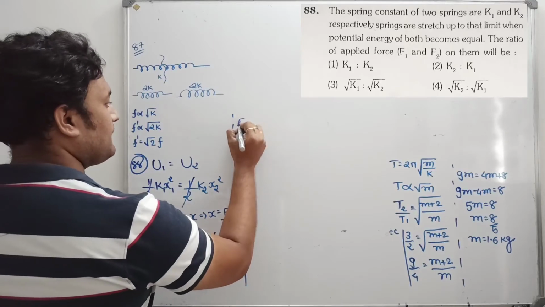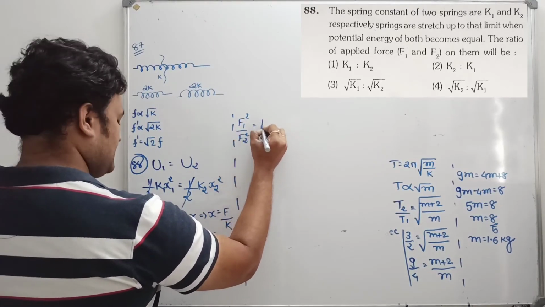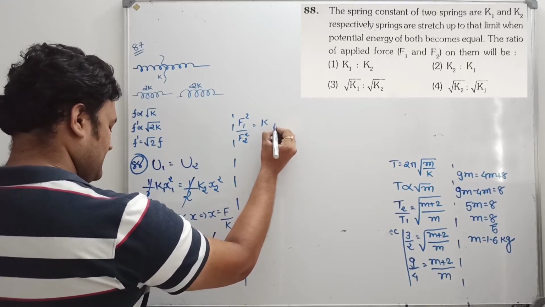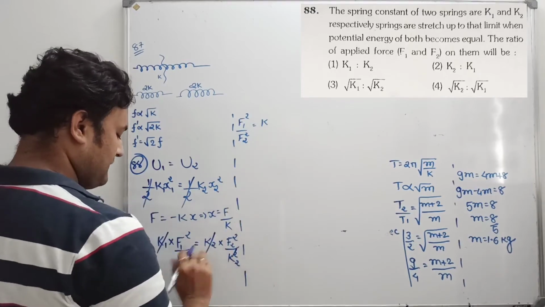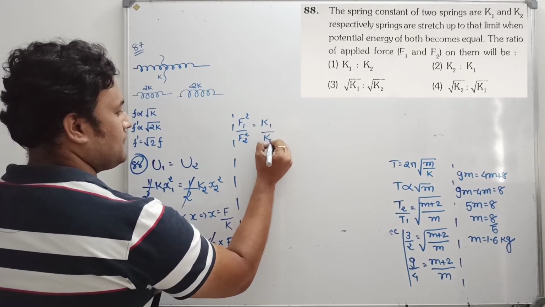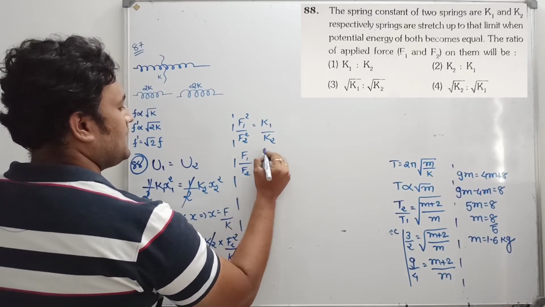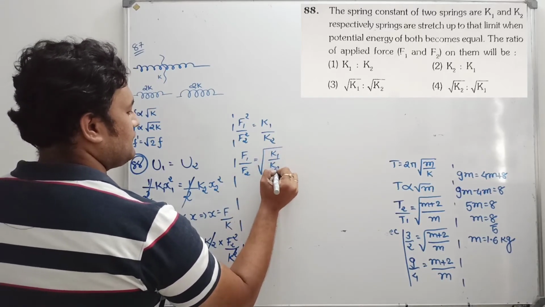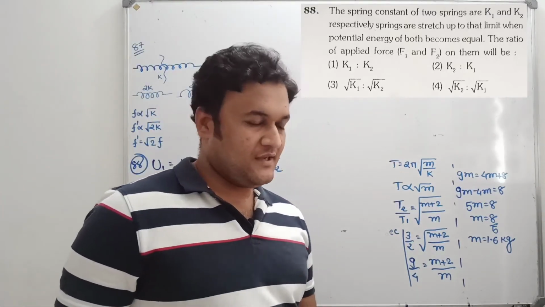F1 upon F2. તો F1 upon F2 નો સ્ક્વેર is equal to k1 upon k2. So F1 upon F2 is equal to under root k1 upon k2. ઓકે, તો F proportional to under root k થઈ જશે.